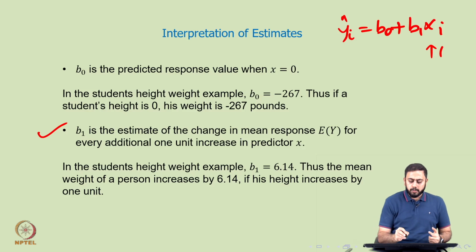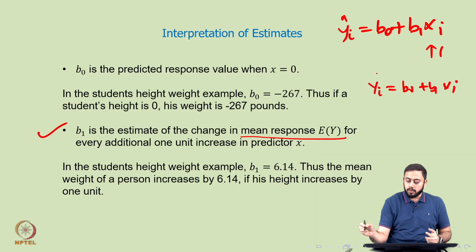Now one small point to note here is that yi hat could interchangeably be written as mean response, and I will tell you exactly why, because on one hand you have this equation as well.